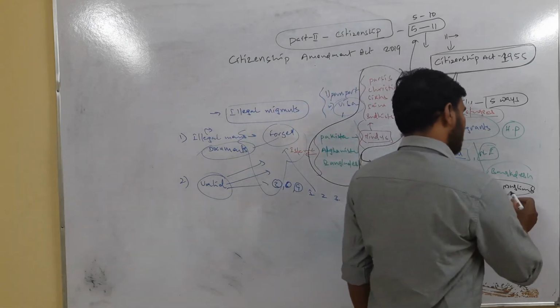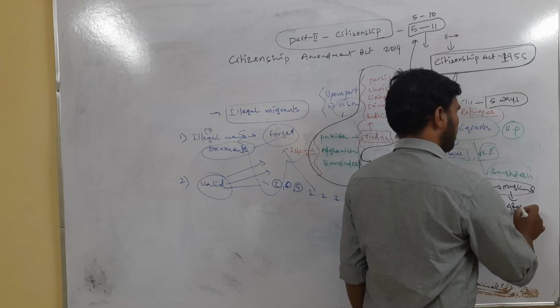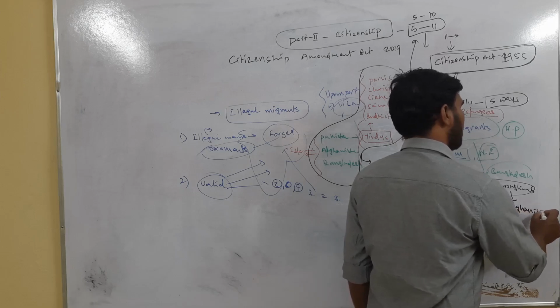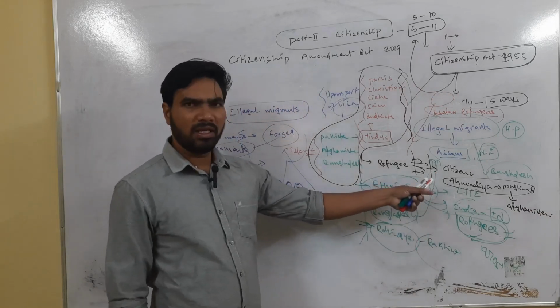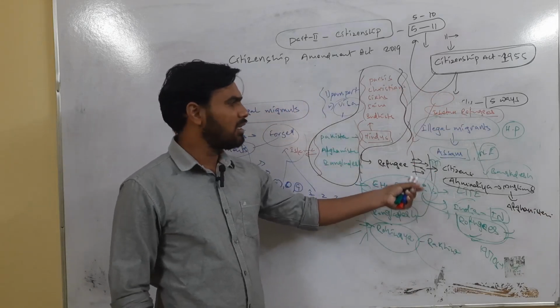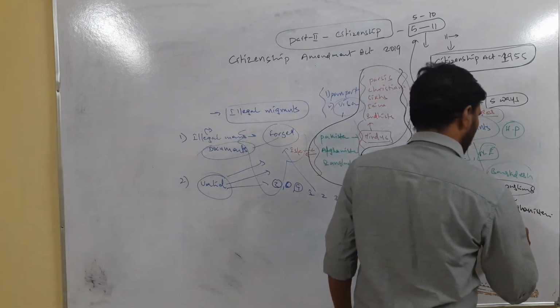These Ahmadiyyas are targeted by radical Islamists, especially in Afghanistan. They are fleeing their country, and it is believed that some of them have also come to India. So they are also refugees in our country.